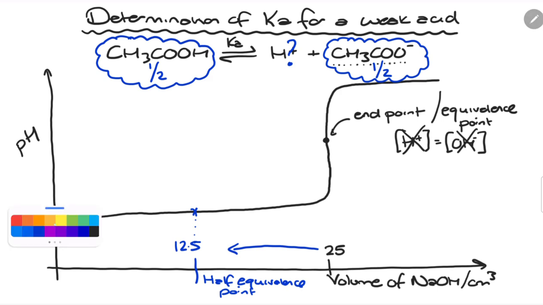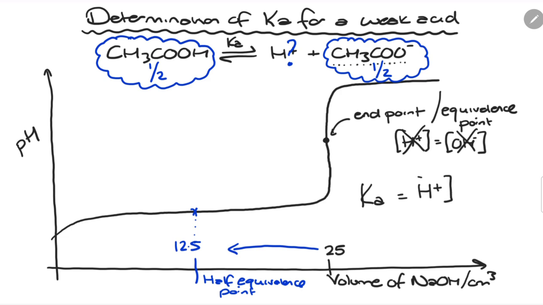And so if we have a Ka which by definition is equal to H plus concentration multiplied by, we'll use ethanoic acid again as its example, the ethanoate ion divided by ethanoic acid concentration.